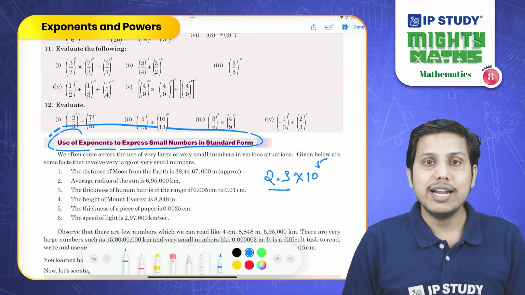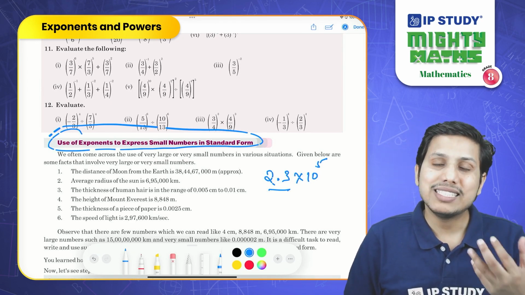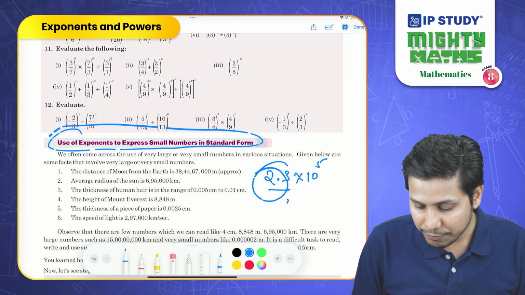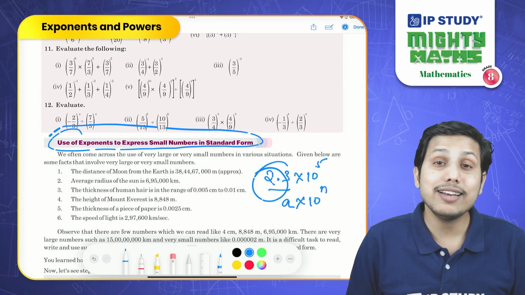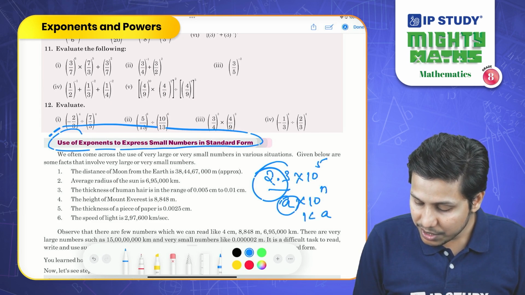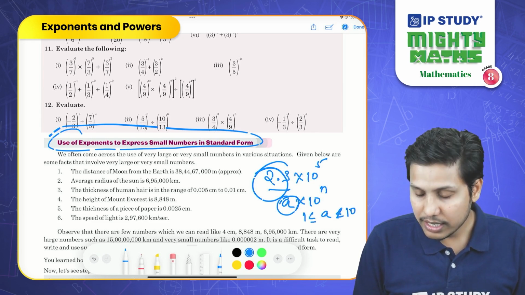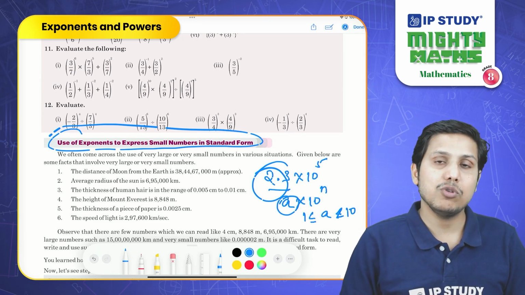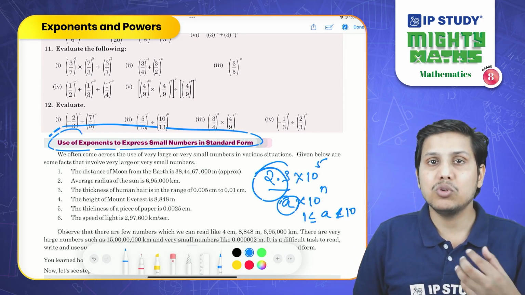Always we have to write the decimal after the first digit while expressing numbers in standard form. Yes, so if we call the first part a, and the second part 10 raised to the power of n, here a should be between 1 and 10. It can't be 10, but it should be between 1 and 10, like 1.2, 2.3, 2.4, 7.8. It can be anything, but it can't be 10 or more than 10.